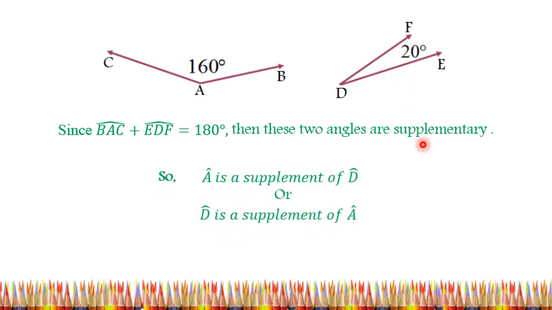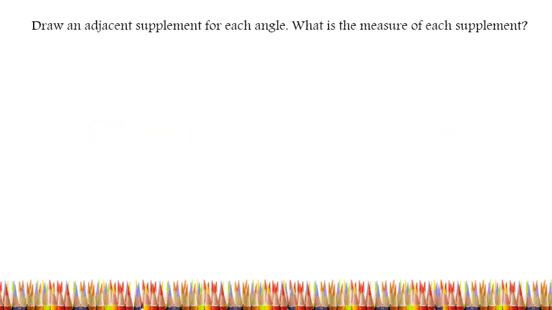What do you mean by supplementary? Their sum is 180, so I can say that A is a supplement of D and D is a supplement of A. It's the angle which completes the first angle to form 180 degrees.